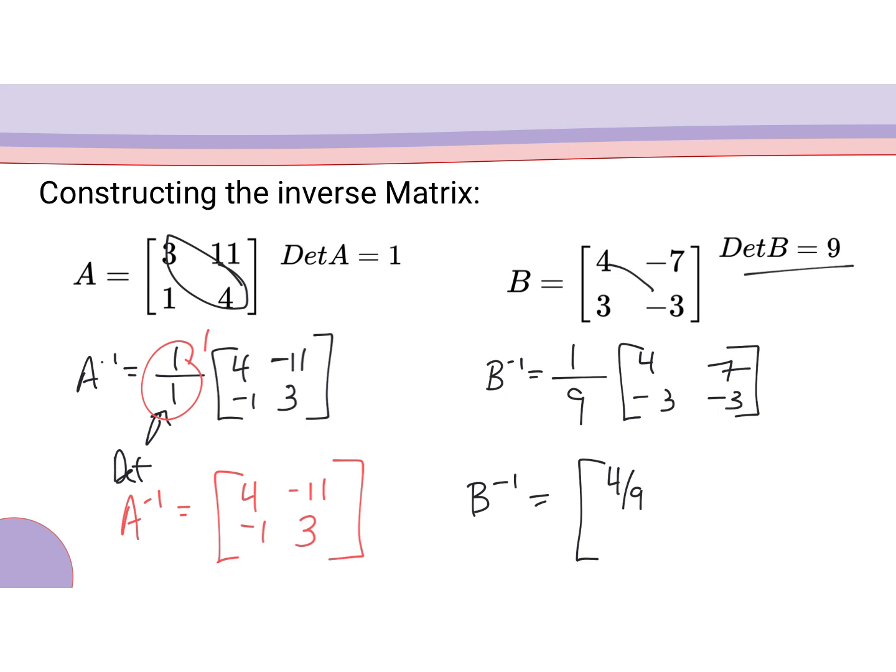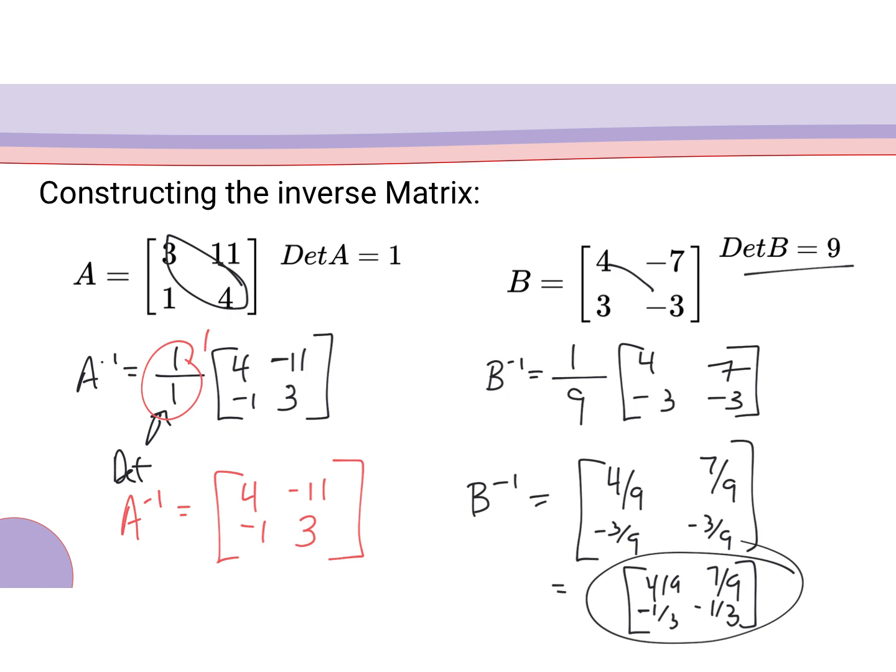So 4 over 9, 7 over 9, negative 3 over 9, negative 3 over 9. And then we can reduce those: 4 over 9, 7 over 9, negative 1/3, negative 1/3. So that would be the inverse here.